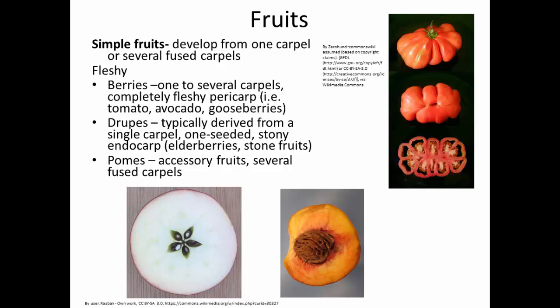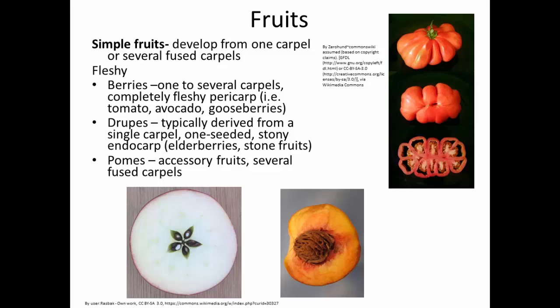So according to a botanist, a berry is a simple, fleshy fruit that has one to several carpels that have a completely fleshy pericarp. So that means they're soft all the way from the outside down to the seed.